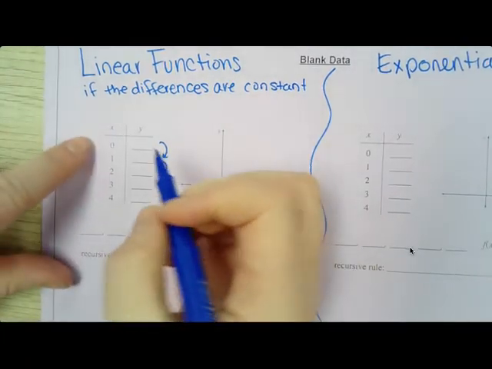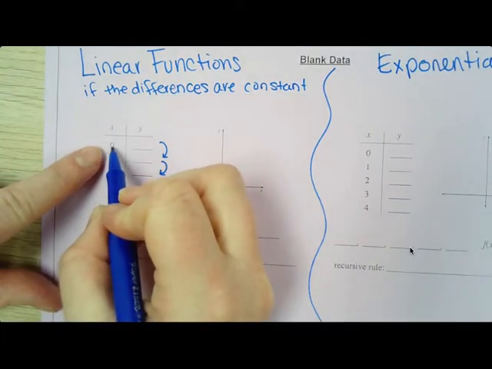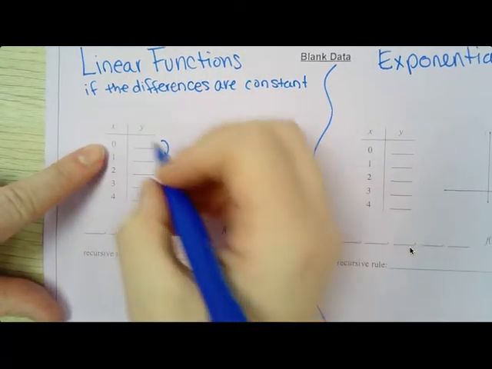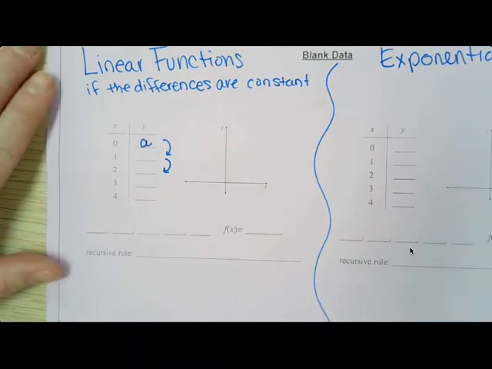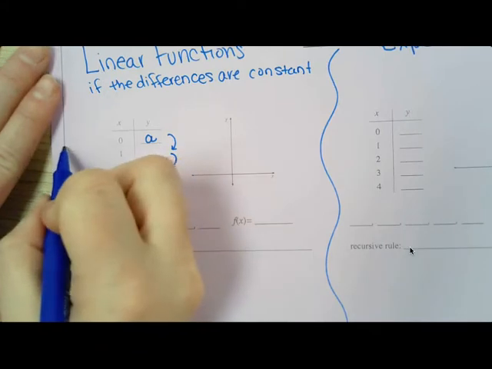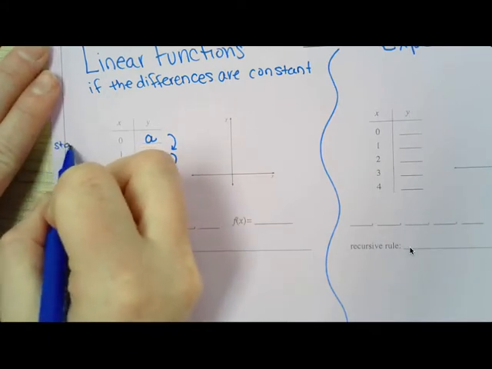Whenever we talk about 0 as x, the y is going to be a. This is our starting amount. Whenever you have 0, it's called our start. It's also called our y-intercept.